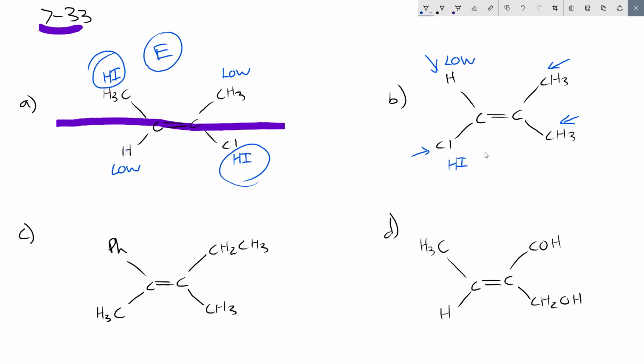So remember back when we did R and S and we did that cube thing on one of the worksheets, and we determined that these two chains are exactly the same. Then at that point we determined that two groups on our chiral center were the same, and therefore we couldn't even label it R or S. It's the same exact thing here. So we get to a point where we can't determine which one is a higher priority than the other because they're exactly the same. So that's just it.